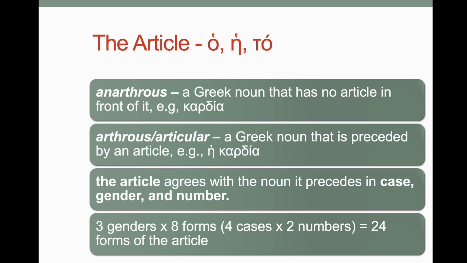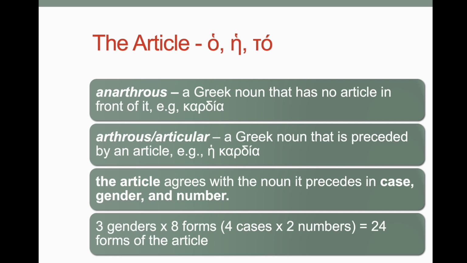The article agrees with the noun it precedes in case, gender, and number. So if you had a feminine accusative plural noun, the article would need to be feminine, accusative, and plural. Okay?